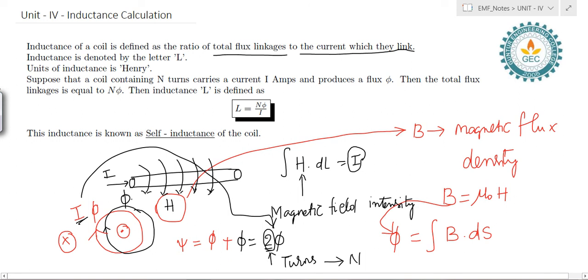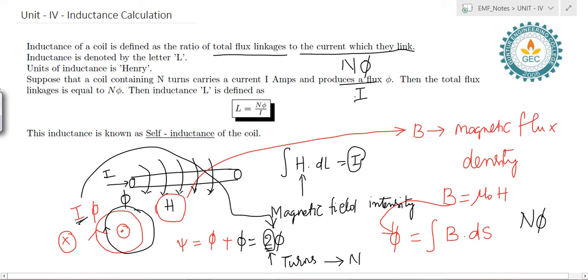If there exist N number of turns, then the total number of flux linkages is equal to N phi. It is the ratio of total flux linkages to the current which they link: N phi is the flux produced by the current, divided by I, the current producing these N phi flux linkages.